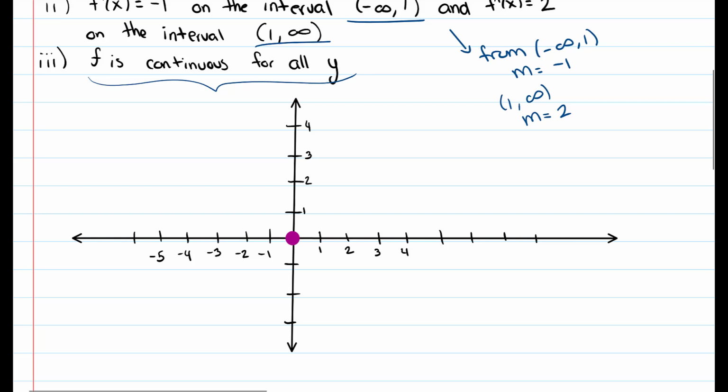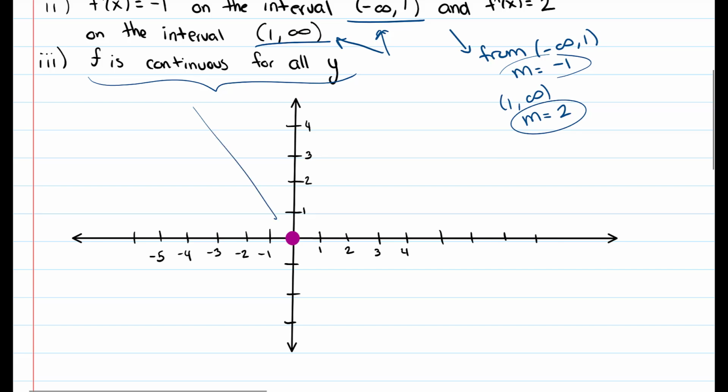And then the derivative changes when x equals 1. So when x equals 1, which is right here, our derivative is going to go from being -1 to 2. So when we're less than 1, we have a slope of -1.